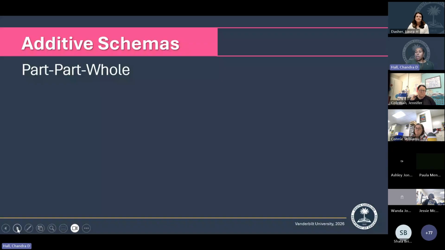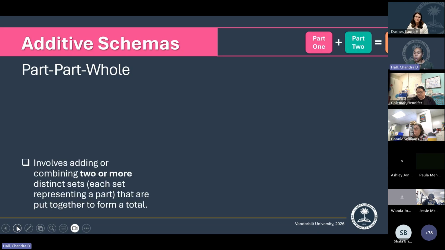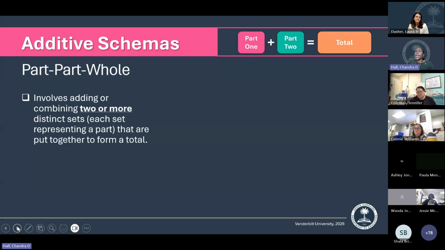So we are going to talk about two different schemas. We're going to talk about additive schemas, and then we're going to look at multiplicative schemas. Under additive schemas, there are several different types. The first one that we're going to look at is part, whole. And this involves adding or combining two or more distinct sets, each set representing a part that are put together to form a total.